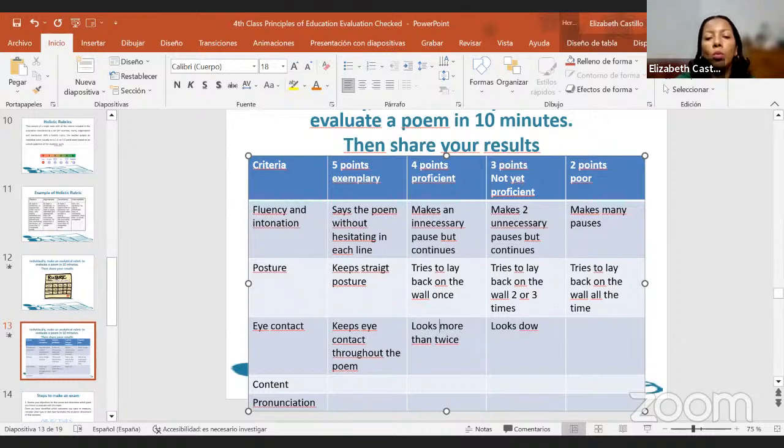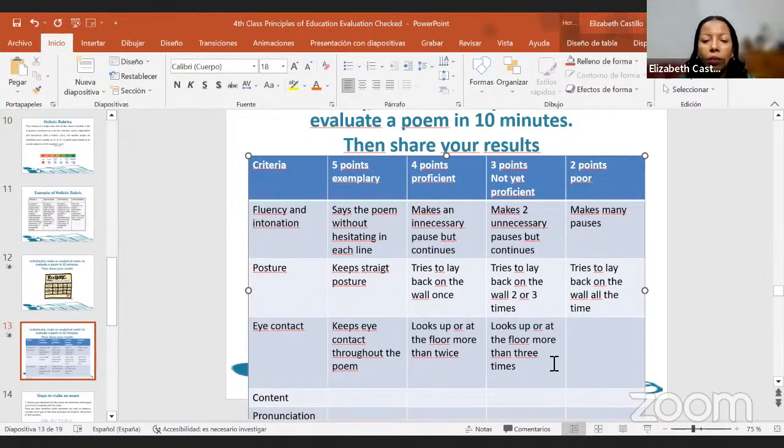Let's do the 2 ways. Looks up or at the floor more than twice. Looks up or at the floor more than 3 times. Never looks at people.